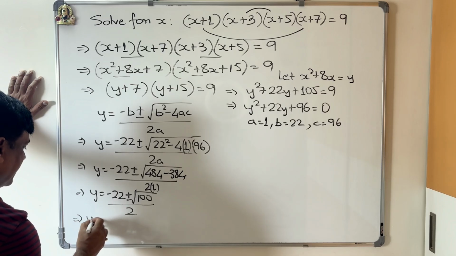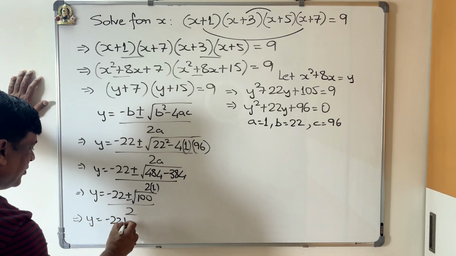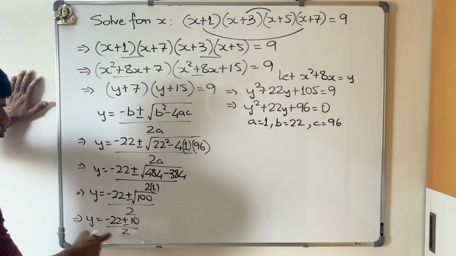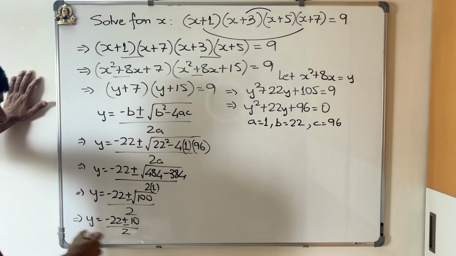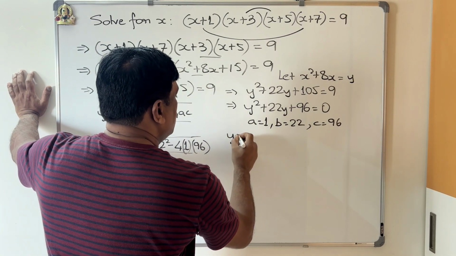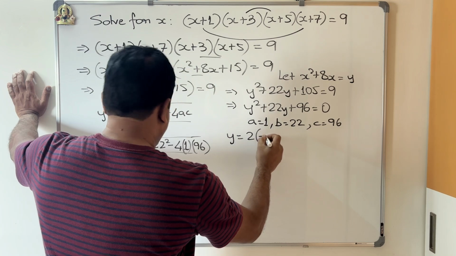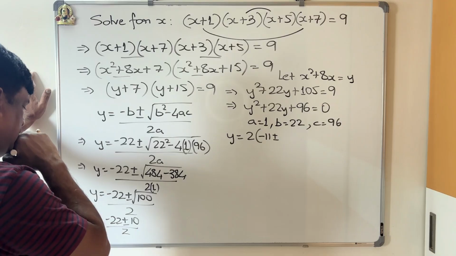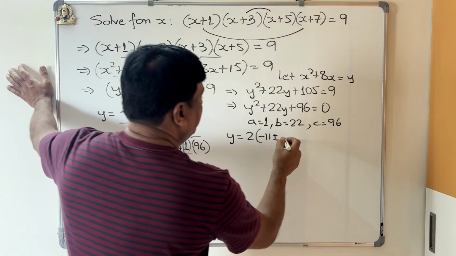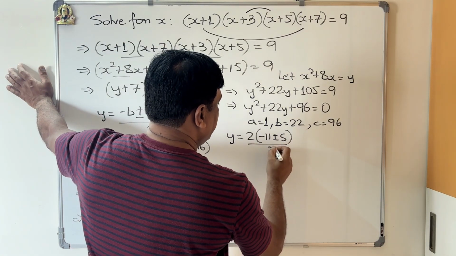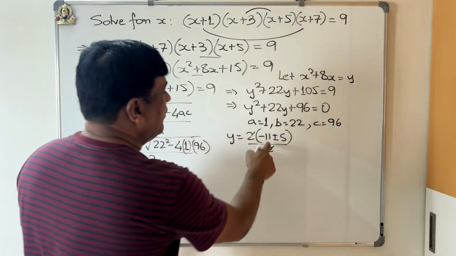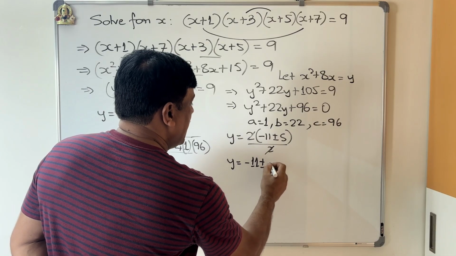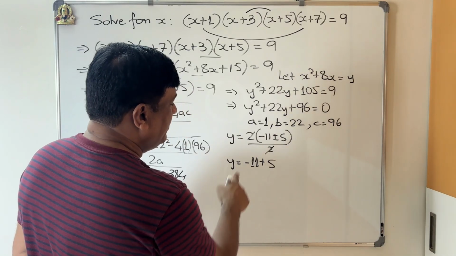That means y is equal to minus 22 plus or minus 10, divided by 2. So you're getting two values of y already. If I take a 2 common, it will be minus 11 plus or minus 5. So you got two values of y.